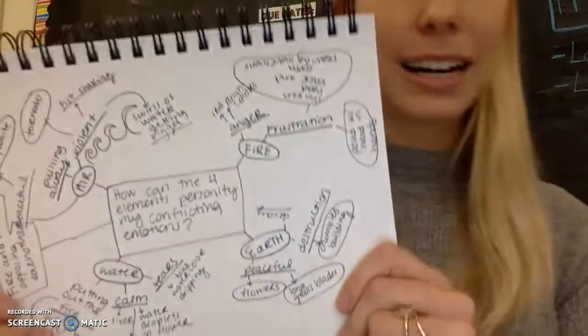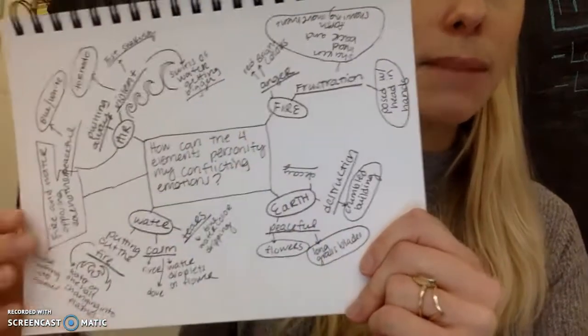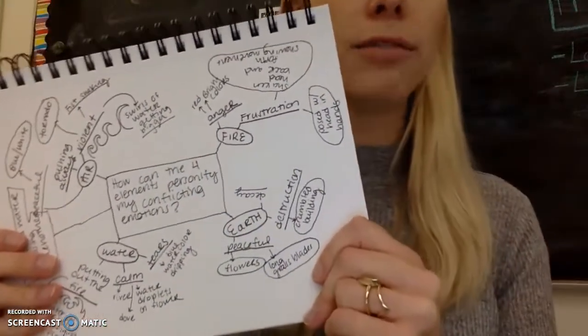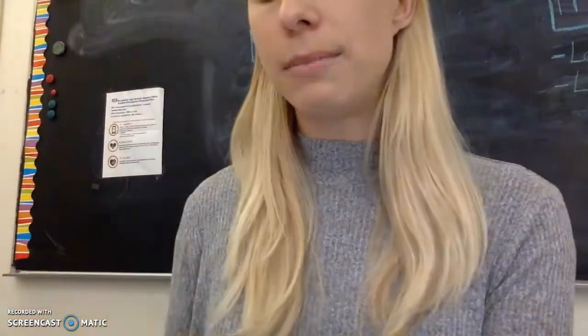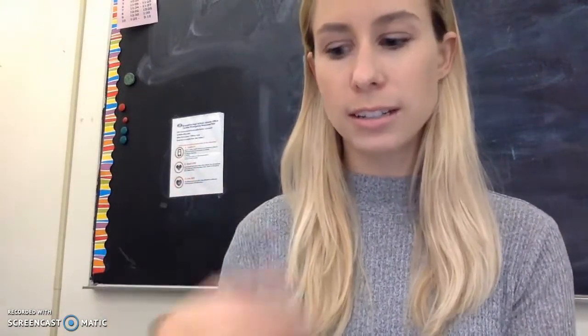But what I did here in this example is took the four elements and began to think about different symbols that could represent each of them. So for example, under water, I wrote calm, tears. So those are just different emotions or different ways that I can use water, that element, to represent emotions.